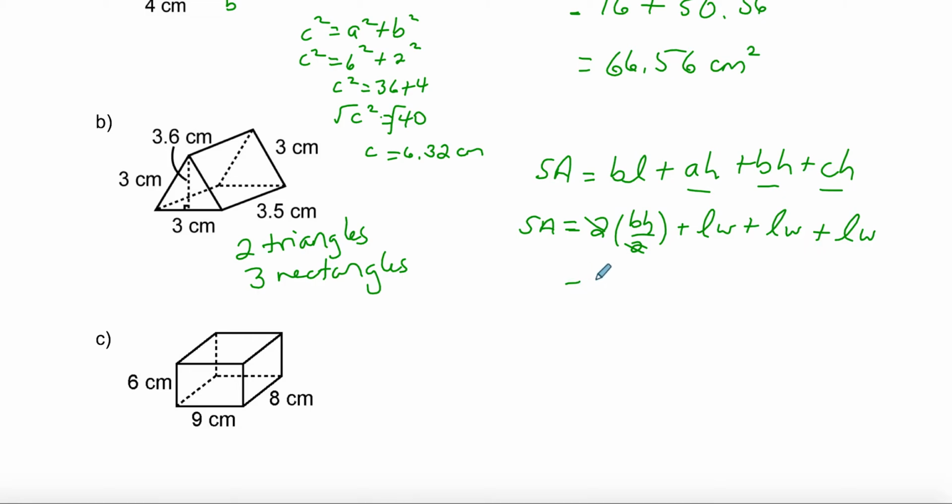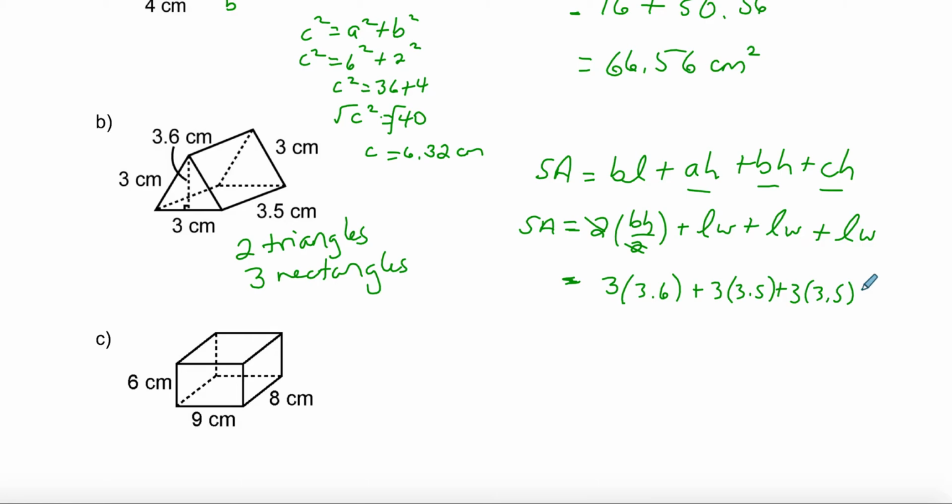But if I just do the base times the height of my triangles, the base is 3 and the height is 3.6. And then I would do my 3 rectangles, and they are each 3 by 3.5. So I have 3 rectangles around the outside.